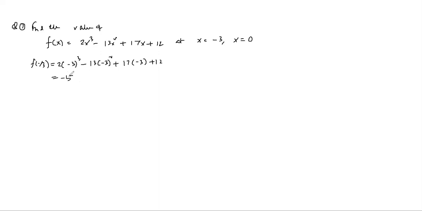Minus 27 times 2 is minus 54. Then 9 times 3 is 27, 27 times 2 is 54 plus 3, 57. Then this is 51 and then 12. There are three negative quantities and one positive, so the answer will be negative.